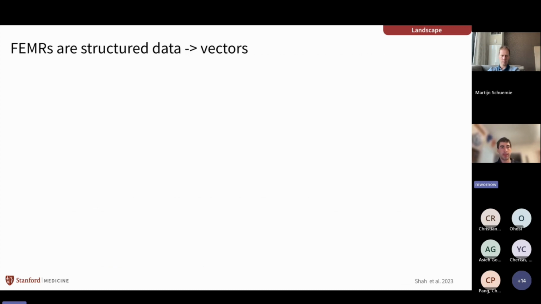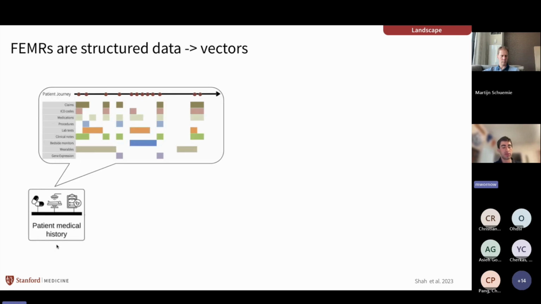So what does a FEMR actually do? What does it look like? It takes in, typically, structured data, and it outputs some learned representation for a patient. I'll get to what I mean by that in a second. You start on the left-hand side with your patient medical history, a timeline of clinical events happening to the patient. As you can see in this chart, your EHR may have claims data, ICD codes, medications, procedures, lab tests, maybe clinical notes of some sort.